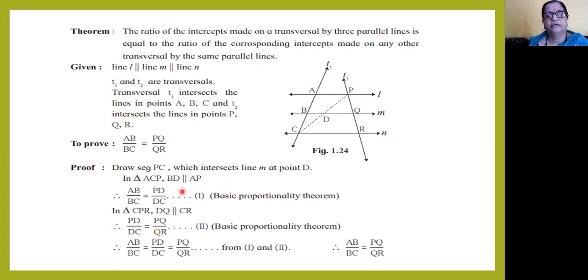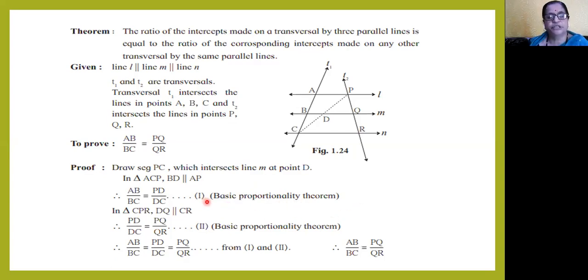In this triangle ACP, these two lines are parallel, BD parallel to AP. So we will get AB divided by BC equals PD divided by DC. Here it is the basic proportionality theorem.